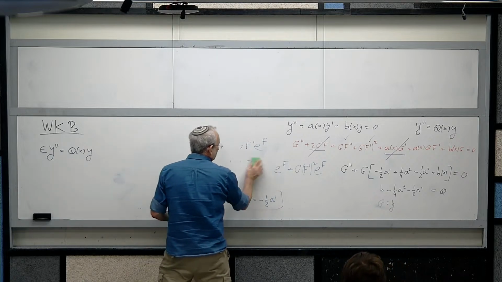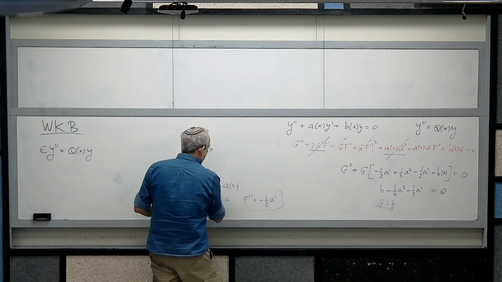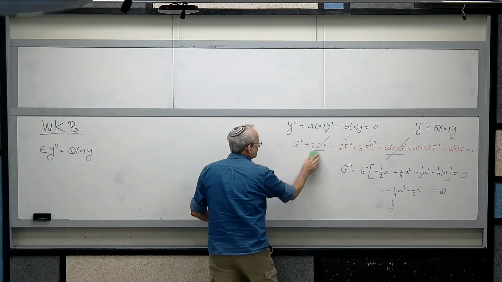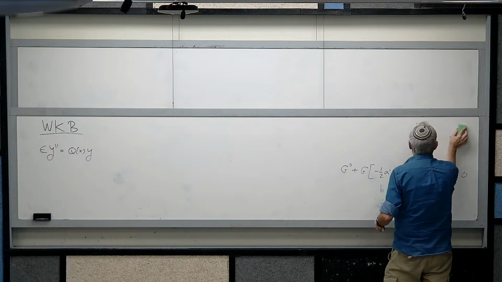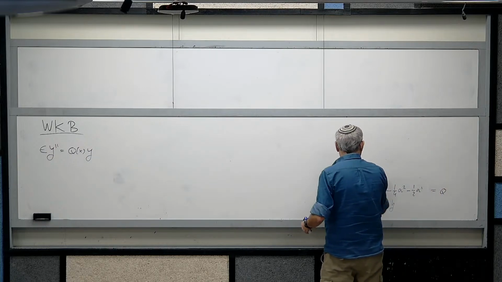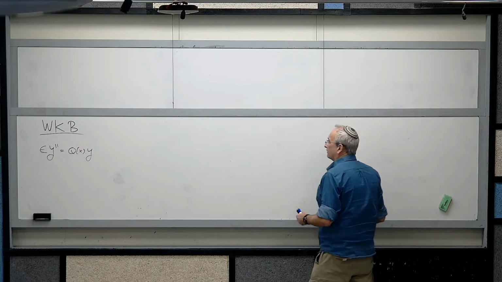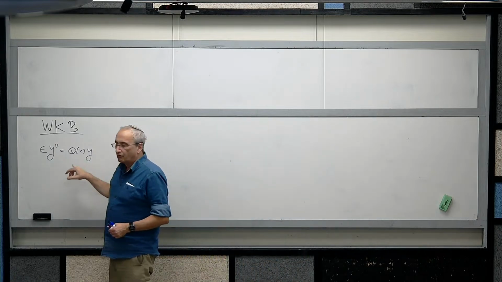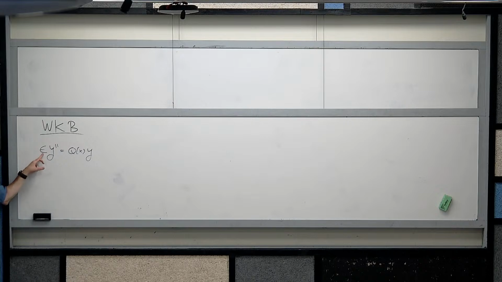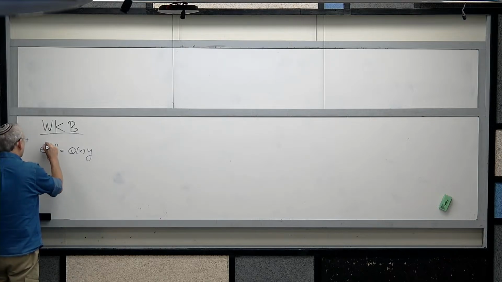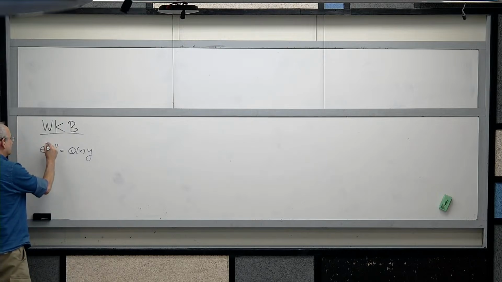Okay, good. Having said that, let's proceed with the equation I've written here, which, if you translate it to a Schrödinger equation, the time-independent Schrödinger equation, this is like h bar squared, and to make the analogy even better, we will define it as epsilon squared.